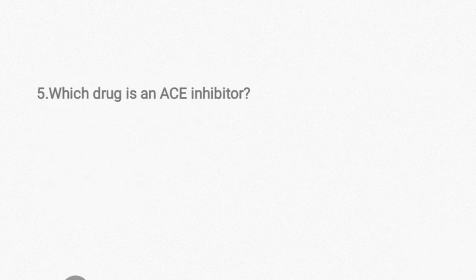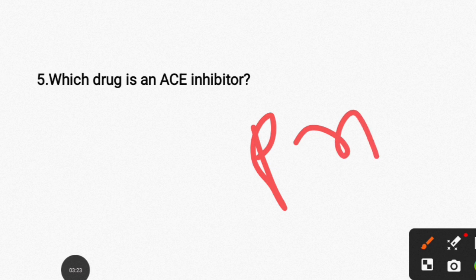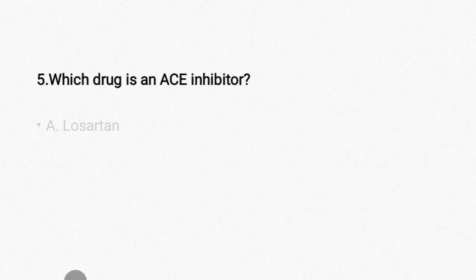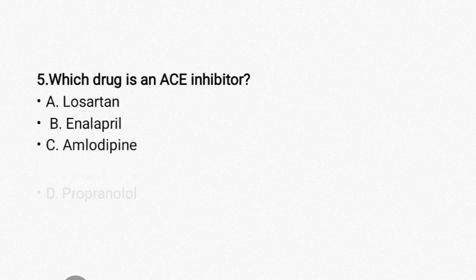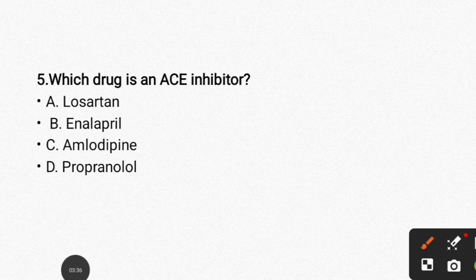Next, question number 5: which drug is an ACE inhibitor? As you know, in ACE inhibitors the suffix pril comes with the drug name. Option A, losartan, option B, enalapril, option C, amlodipine, and option D, propranolol. As I already discussed, a drug that comes with the pril suffix is considered an ACE inhibitor.